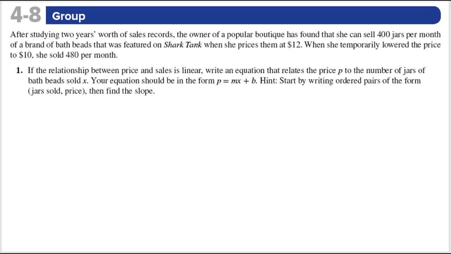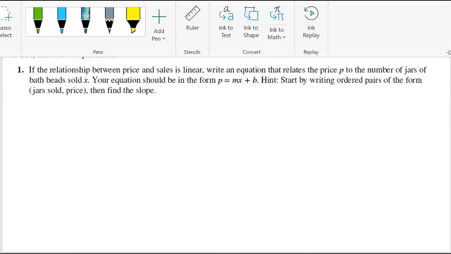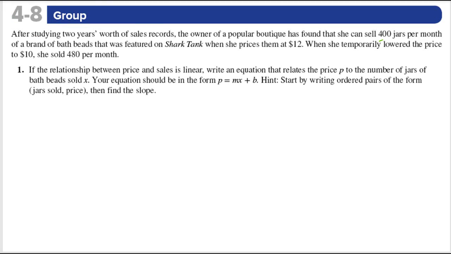Okay, so we've got a business, 2 years of sales records, and she's found that she can sell 400 jars per month of bath beads when she prices them at $12. When she lowers the price to $10, she sold 480 per month.